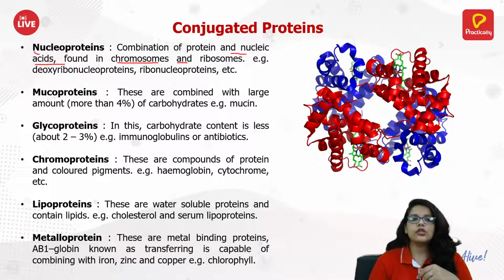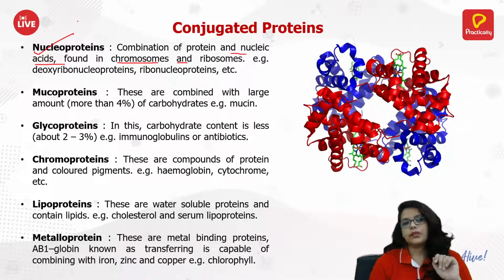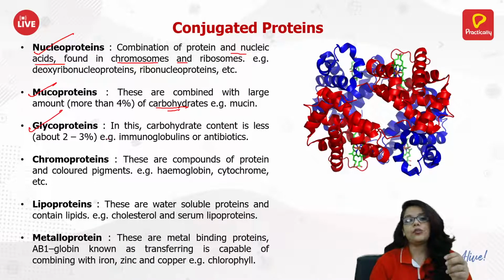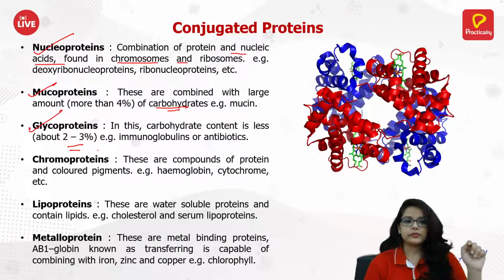Then it's a nucleoprotein. Suppose there is a large amount of carbohydrate, more than 4%, such as mucin. They are known as mucoprotein. But when there is a small amount of carbohydrate with the protein, around 2 to 3%, that is known as glycoprotein.